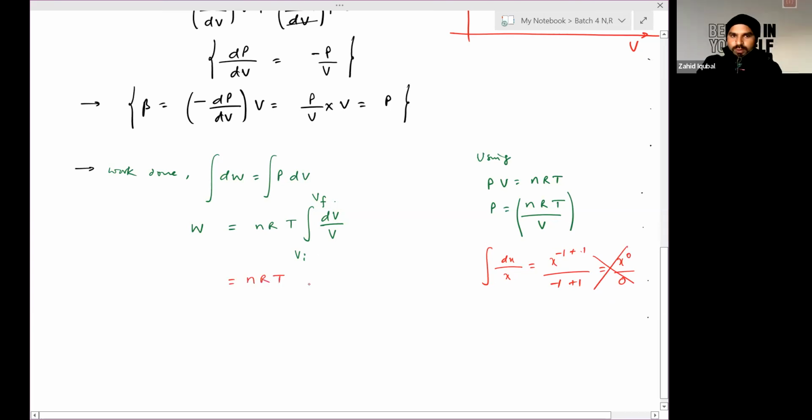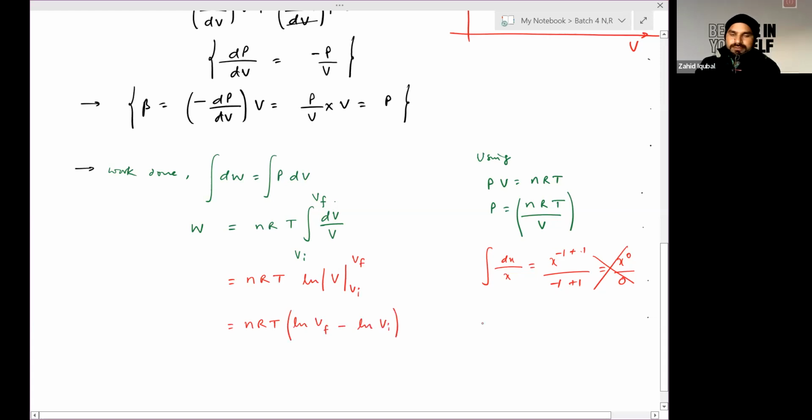nRT times 1 over x on integration will be ln x between the upper limit and lower limit. Now it is ln upper limit minus ln lower limit.